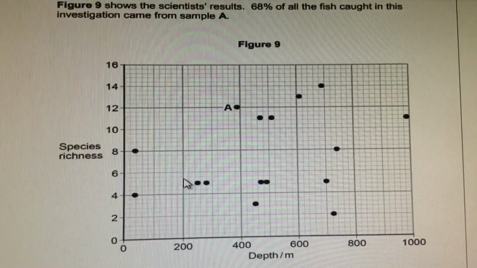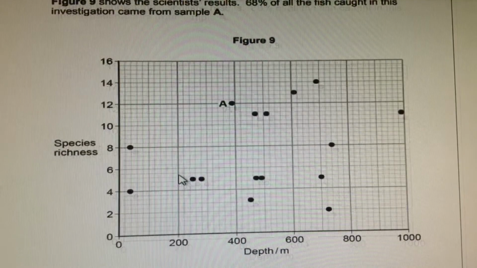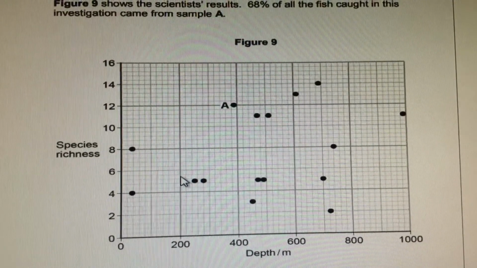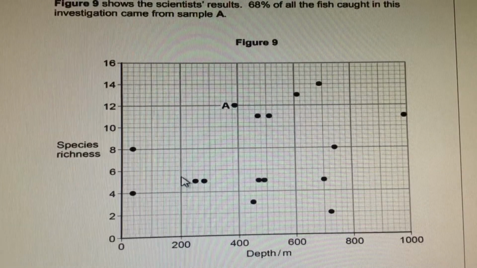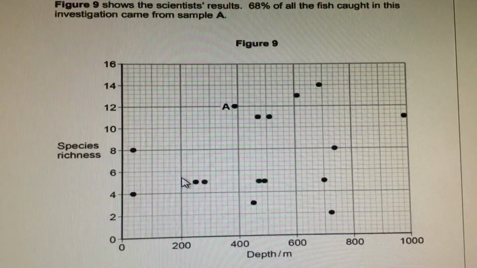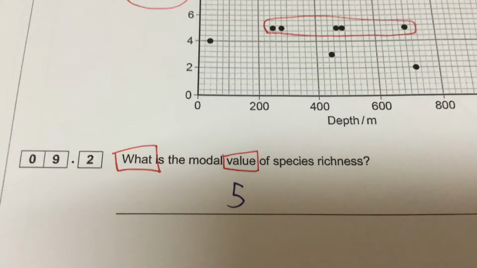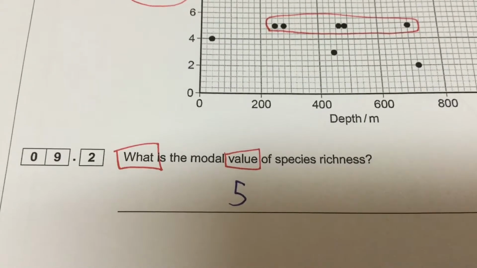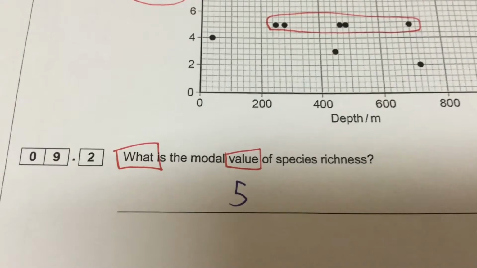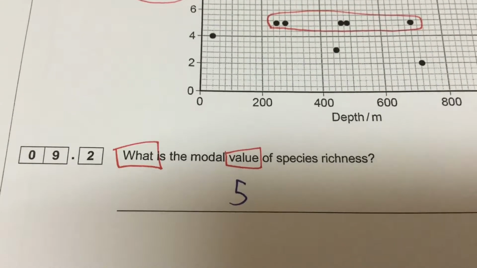Normally in AQA the question will say, use the graph above or use figure 9 or whatever. But this one doesn't. It says, what is the modal value of species richness? So many students might have thought, what does it mean by modal value of species richness? However, because they've actually written what is the value, we know that they're looking for a number.